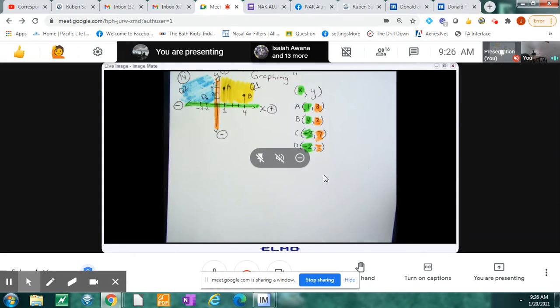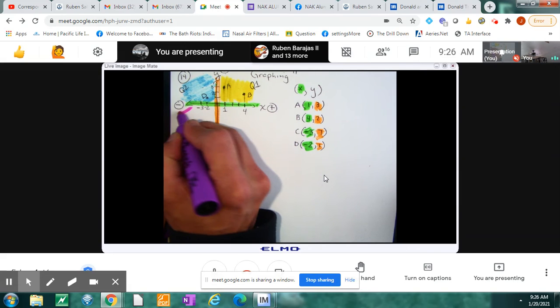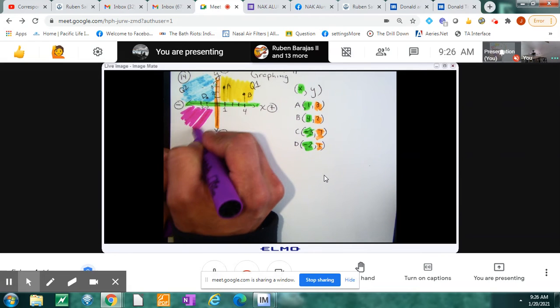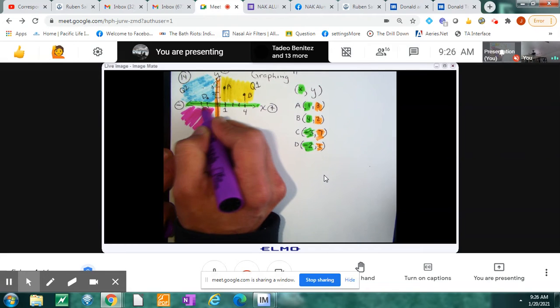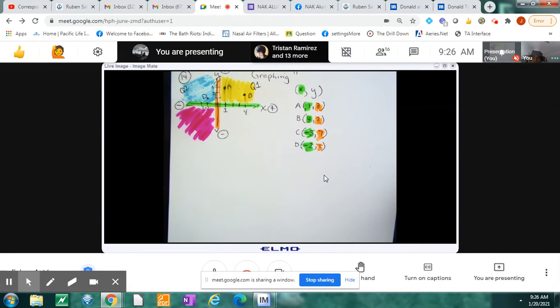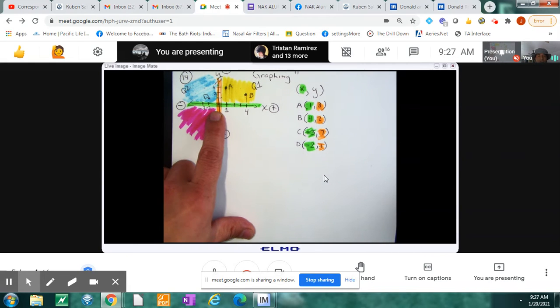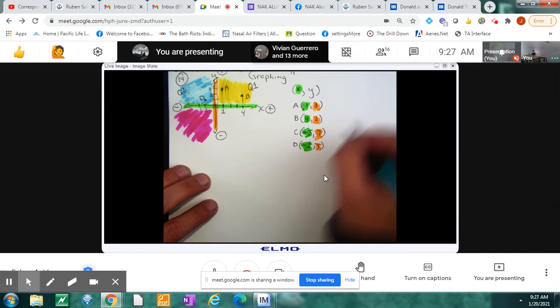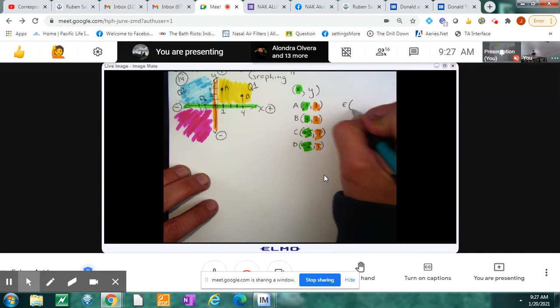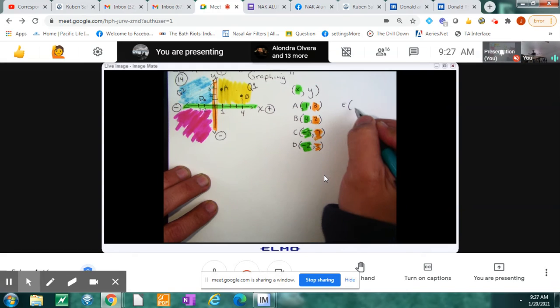The next part is quadrant 3. I have to use a different color now. I'll use purple. Quadrant 3 is going to be right here. What do you think the X is going to be? It's going to be negative again, right?